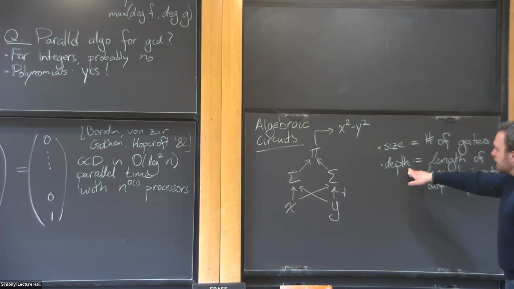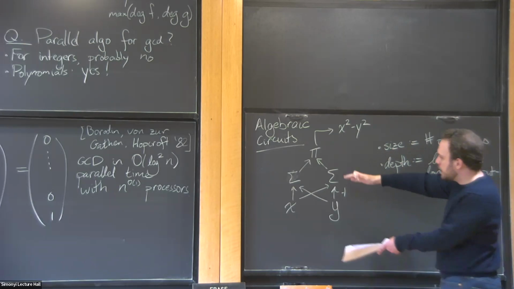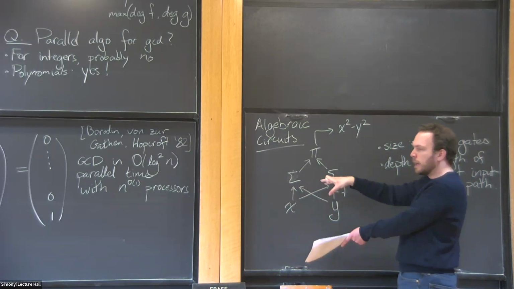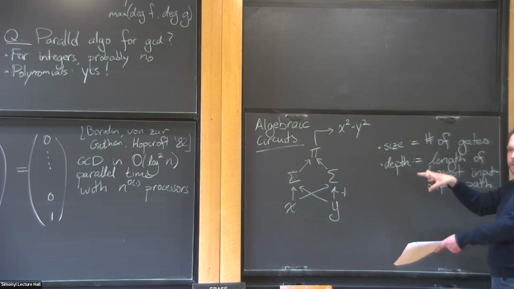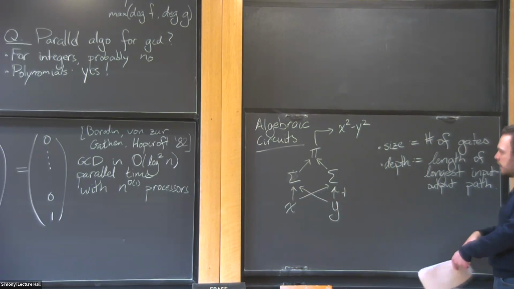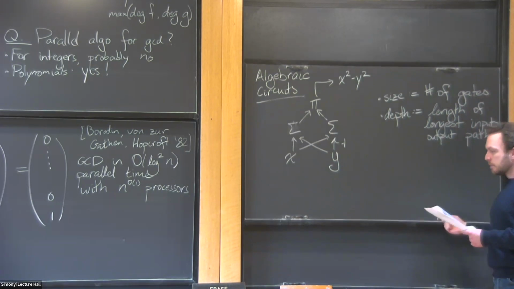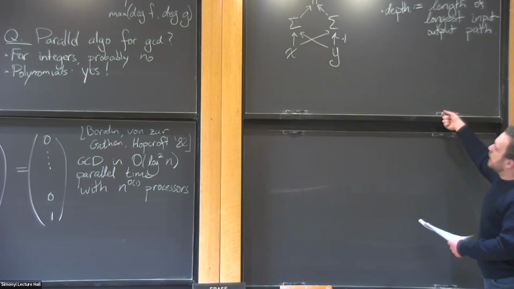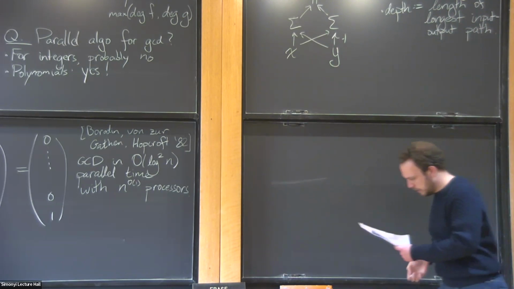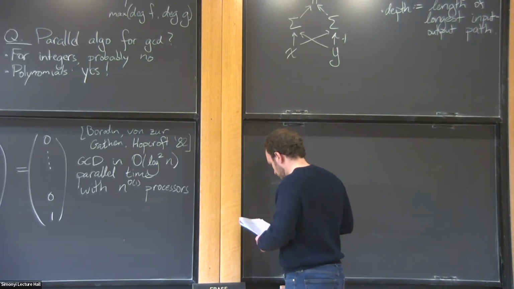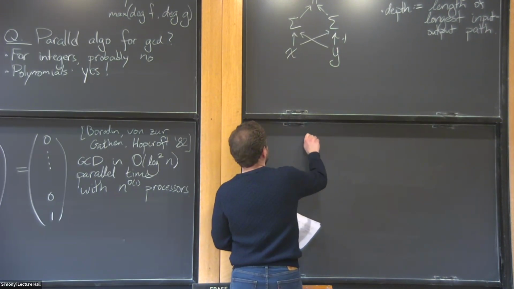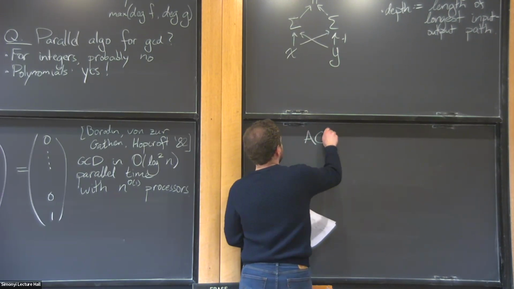In particular, we're going to care about depth because it is a measure of parallel time. If I have a very shallow circuit, I can evaluate the gates layer by layer, and this will yield a parallel algorithm. I want some shorthand, so you'll have to forgive me, but I want to tell you about 3 complexity classes that we'll care about.